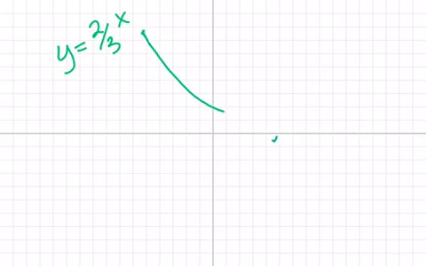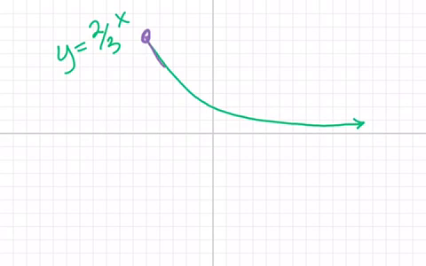If it is a number that is less than 1, so let's say y equals 2/3 to the x, well, that means you're going to start somewhere over here on the graph, and you're going to go down exponentially. If it's a fraction less than 1 and it's positive, you're starting over on this quadrant and you're going down, but you're never going to go past the 0 line.